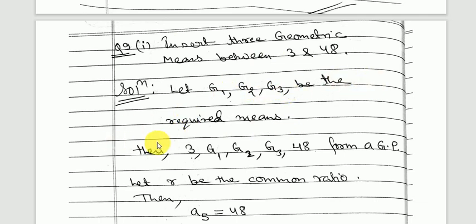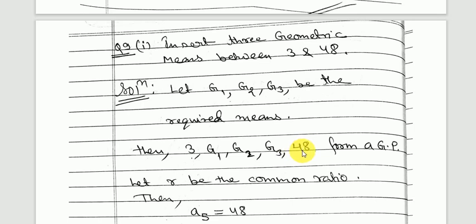So after we have inserted these 3 geometric means, we'll get the sequence this way: 3, G1, G2, G3, 48. So what you will observe is that 3 is the first term, and 48 is the fifth term.